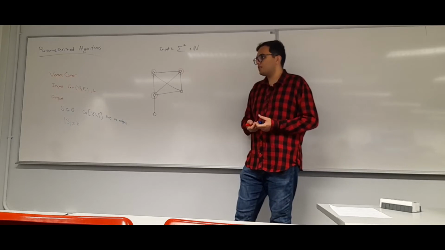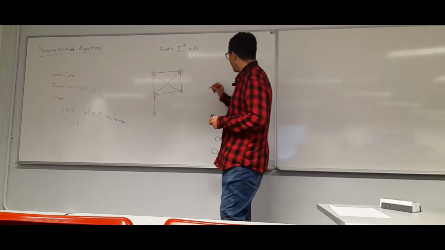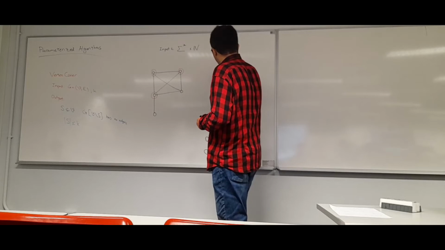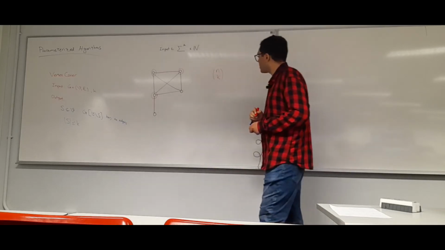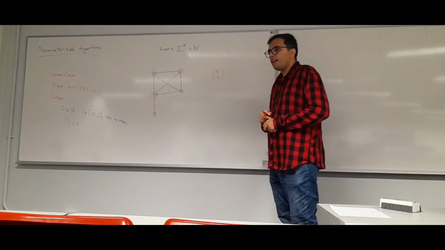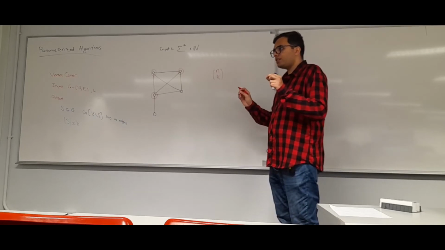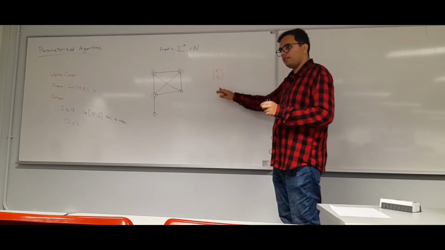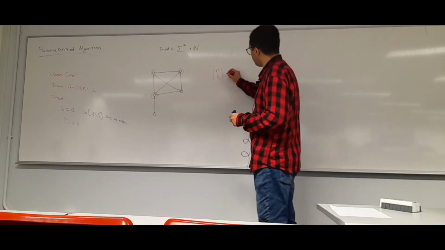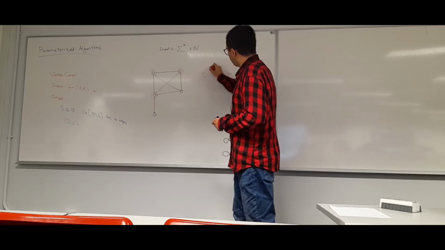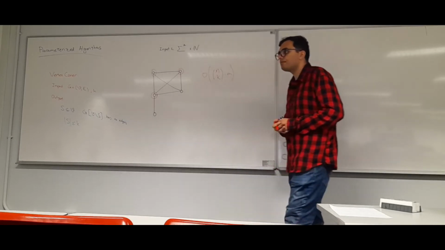So how much time would that take? Well, I have n choose k ways of choosing a subset of size k. And then after I do this, I have to go over every one of my edges and see if it's covered by this subset. So that would be O(n choose k times n).